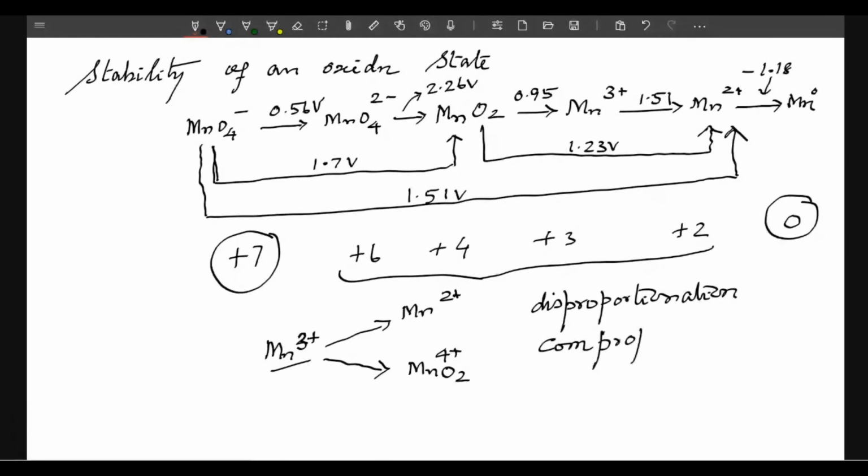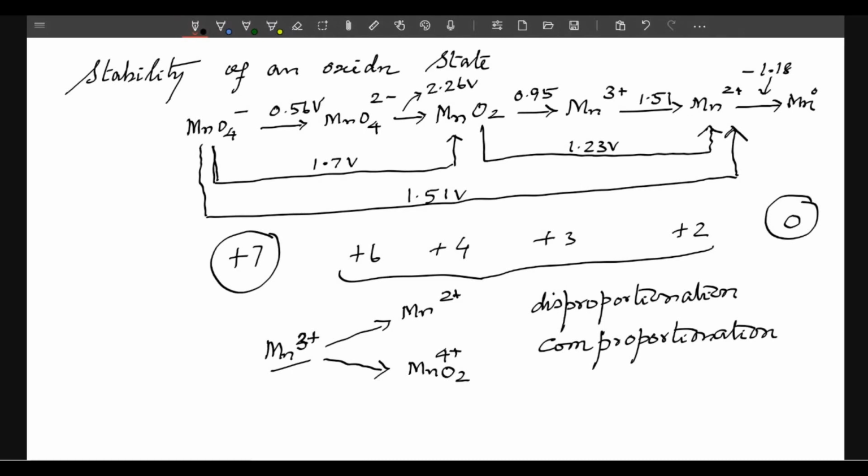What do you mean by comproportionation reaction? Just reverse the definition of disproportionation. In disproportionation, one oxidation state of a species undergoes oxidation to a higher oxidation state, and the same species undergoes reduction to a lower oxidation state.